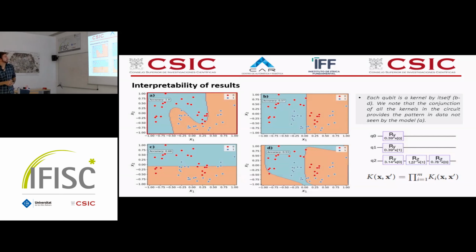Here we can see that the first qubit gives just a line because it's one rotation. Here again, and here is some nonlinearity, and when we multiply all these kernels, we obtain the perfect pattern, which I think is very interesting, and a line of research for interpretability of models also.